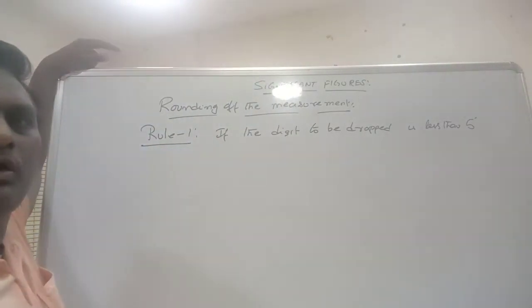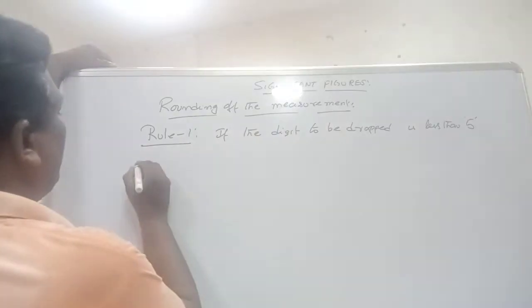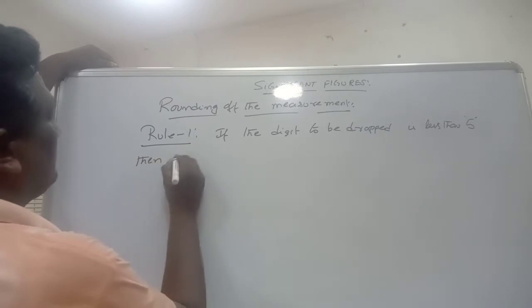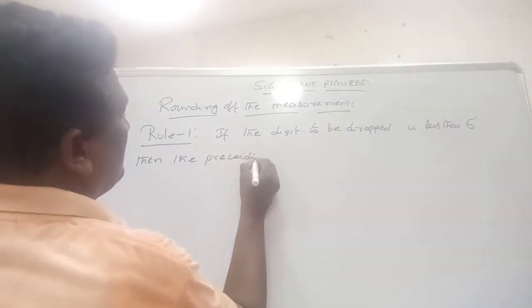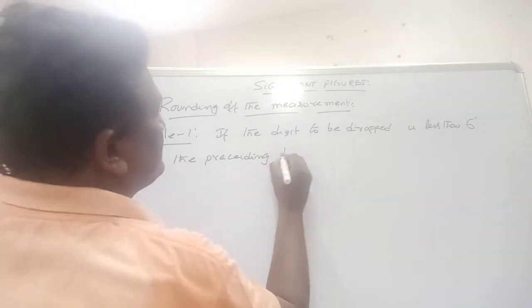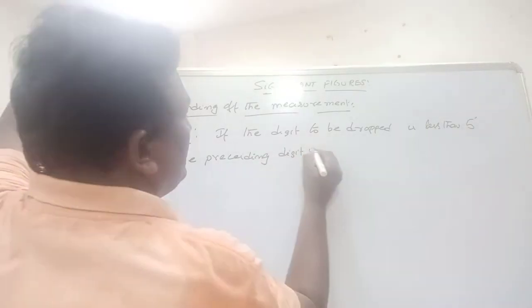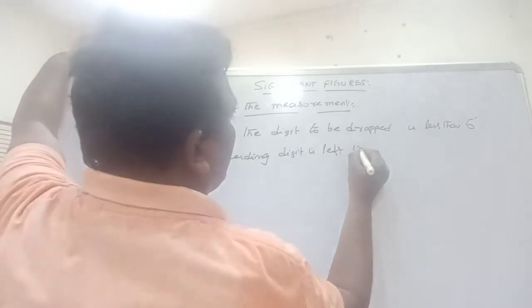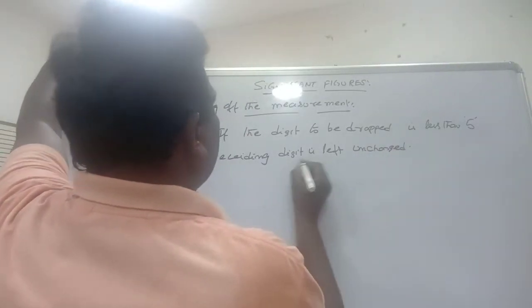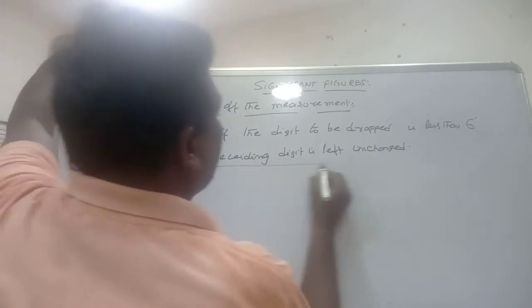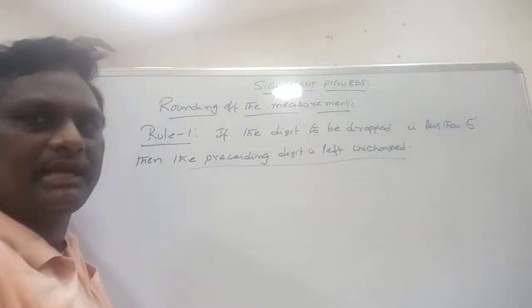If the digit to be dropped is less than 5, then the preceding digit is left unchanged.